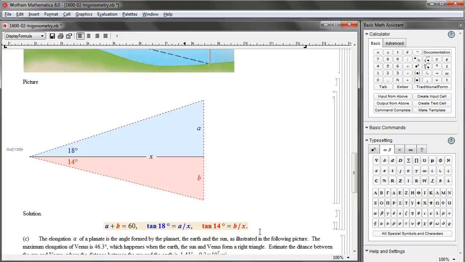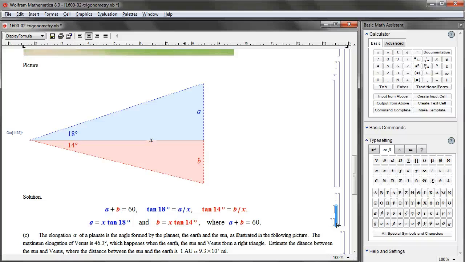With these two, we can find A and B in terms of x, and we can plug those into the first equation, A plus B equals 60. Solving for A and B, we get A equals x tangent of 18 degrees, and B equals x tangent of 14 degrees, from the blue relation and the red relation respectively, which ultimately came from the blue and red triangles.